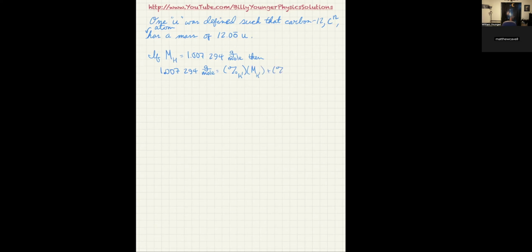What that means is 1.007294 grams per mole is equal to the percent of hydrogen 1 existing in nature times the mass of H1, plus the percent of H2 times the mass of H2, plus the percent of H3 times the mass of H3, plus dot dot dot. In other words, we're going to take the percent and represent it as a decimal, and we're going to do that for the isotope hydrogen 1, which is normal hydrogen, and we multiply that times the mass of H1.